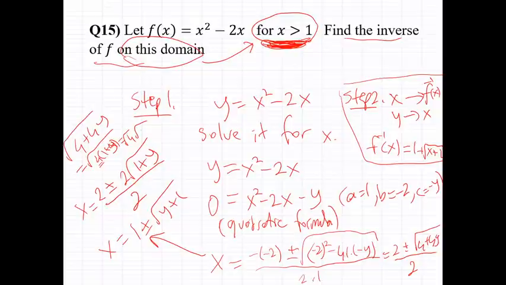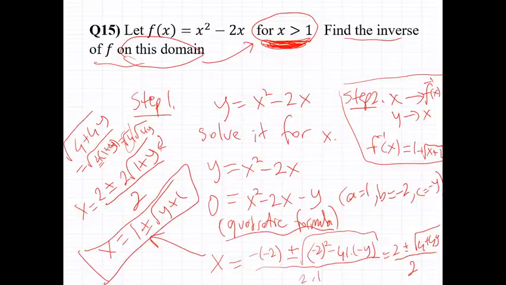You can separate them, and it comes to here. So this will be 2, and this will be square root of 1 plus y. Anyway, at the end, you will get this one. Even if you use the quadratic formula, you can do the rest this way. Like here, you will say x is bigger than 1, so x should be equal to 1 plus square root of y plus 1. And then you do step 2 here.